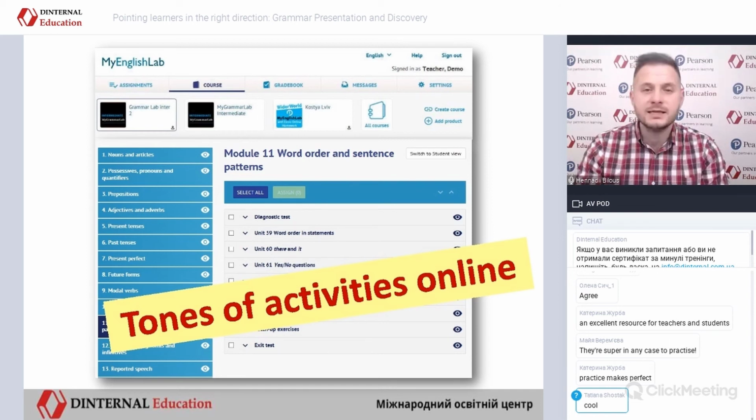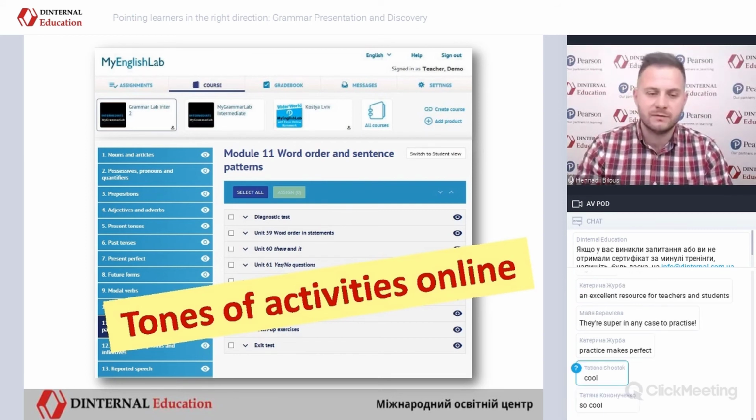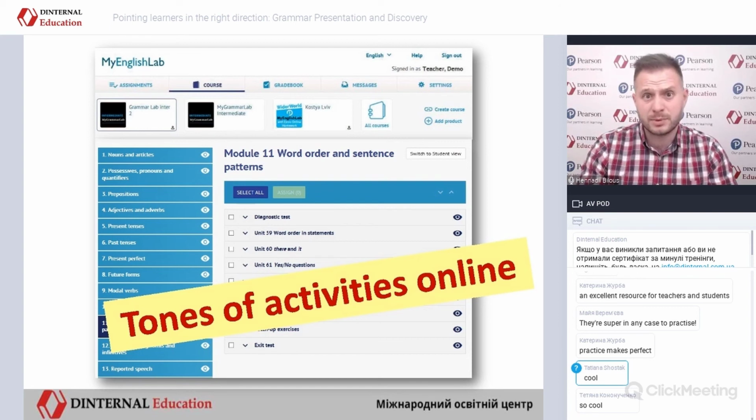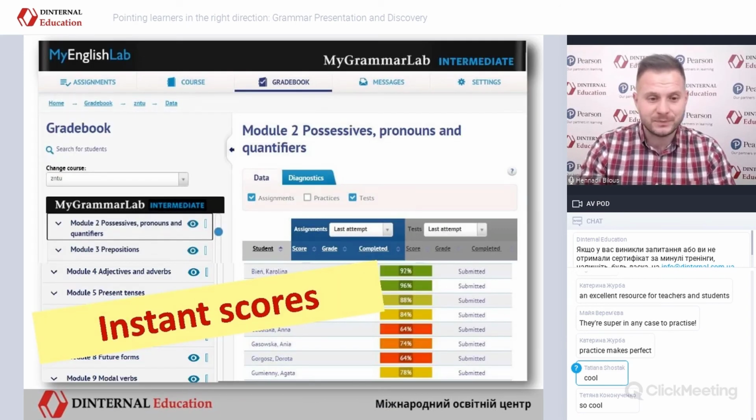Not a single activity online repeats the ones in the paper version of the book. These are totally different. And I can tell you, even if you have just a glimpse at it one time, you would agree with me that there are hundreds of them. So even more opportunities for your students to start using grammar in a more accurate way.